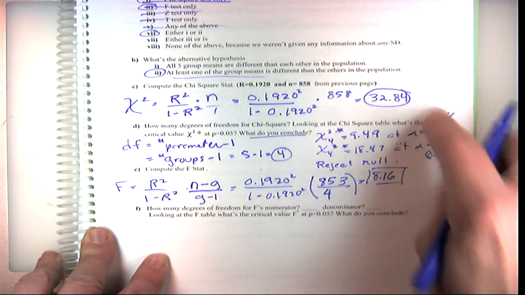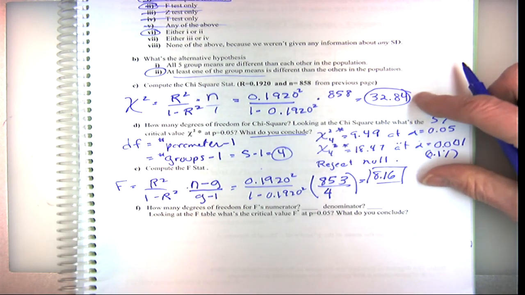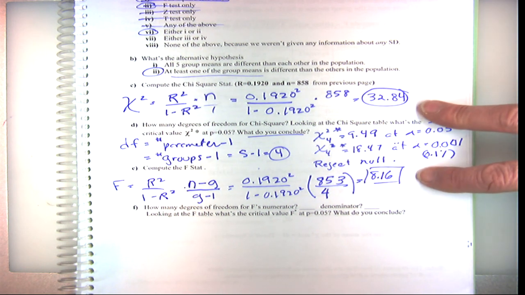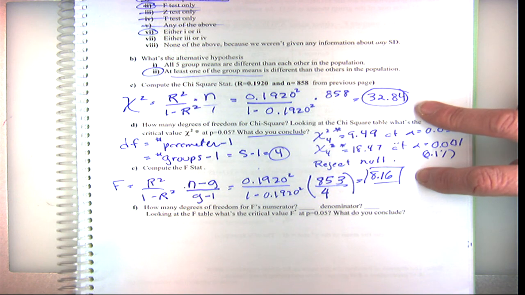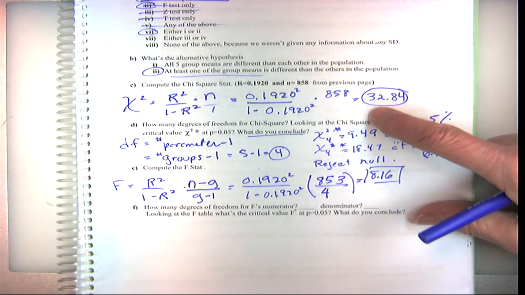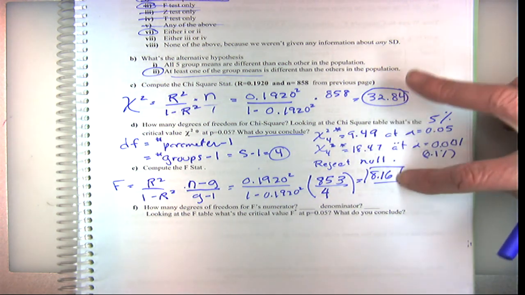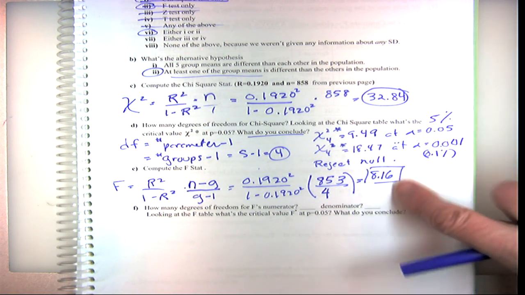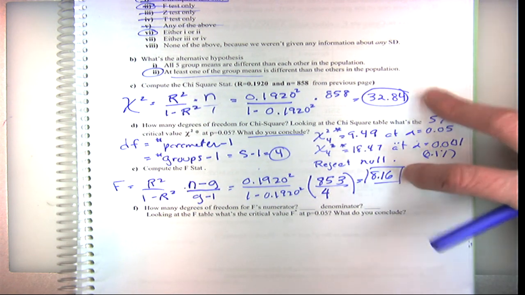You can compare them and see how they look very much alike. They're never going to look exactly the same, because this one is divided by the degrees of freedom. If you divide the chi-square one by its degrees of freedom, it's very close to the F one. That's just the convention.